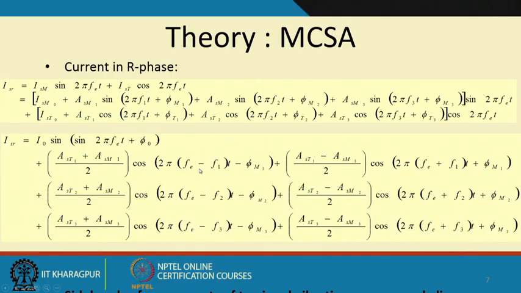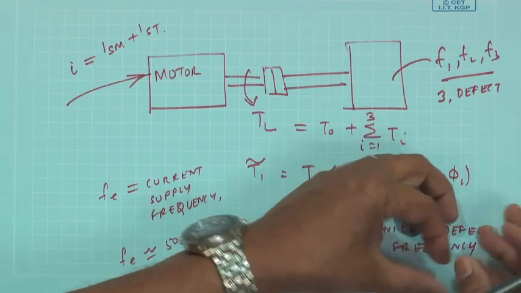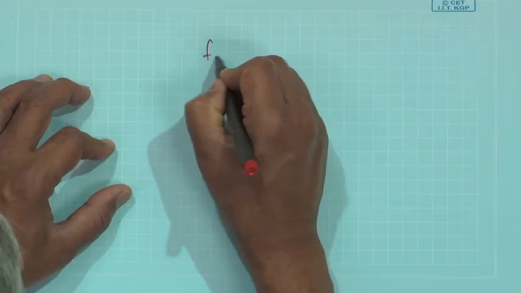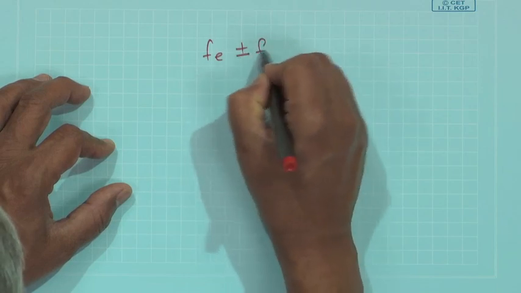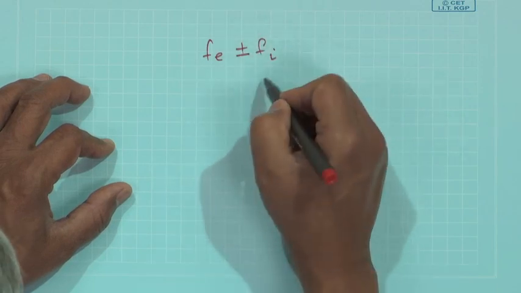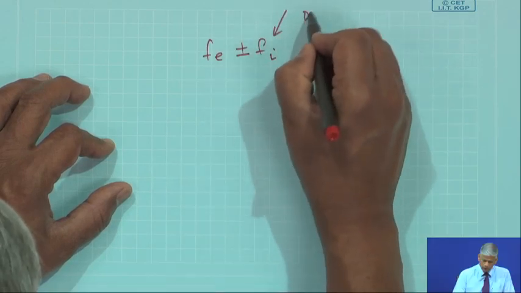So, you see this Fe minus F1 and Fe plus F1: the supply current frequency basically gets modulated, and these are the defect frequencies.